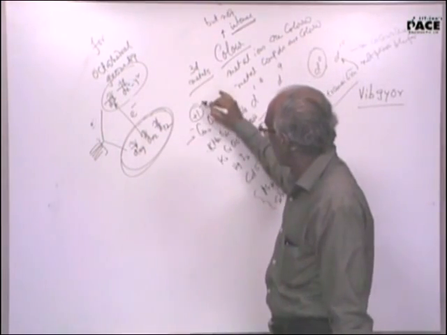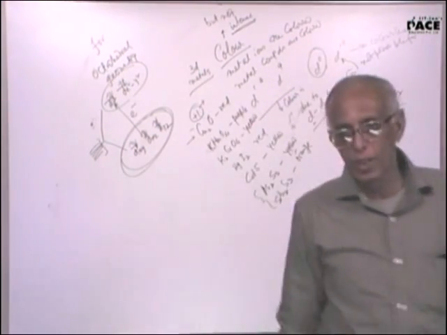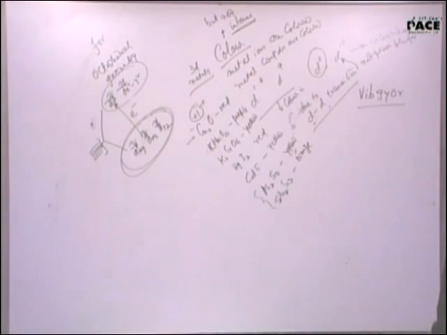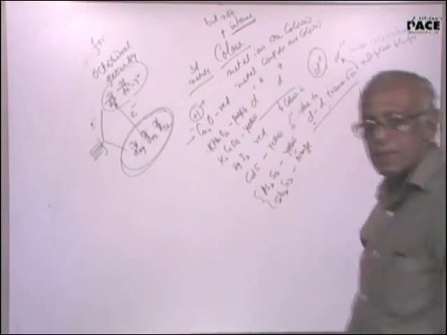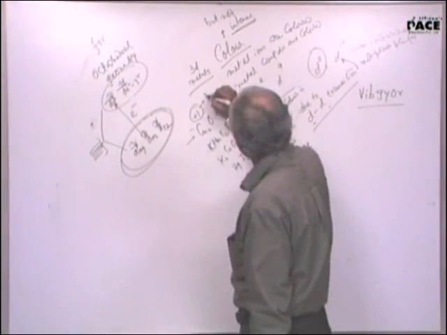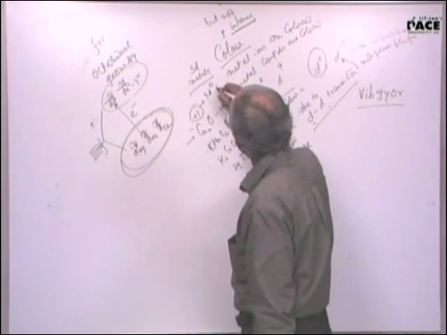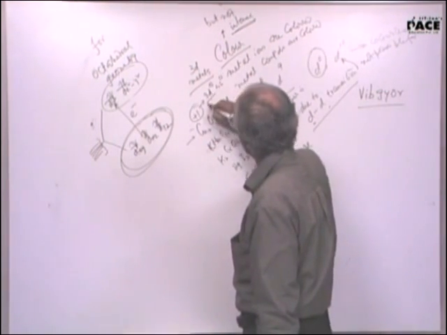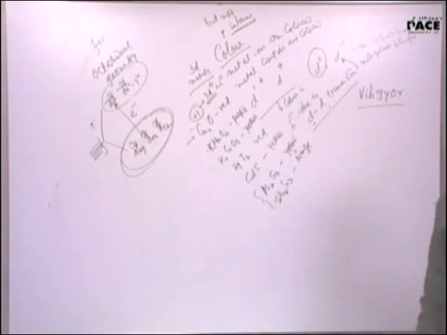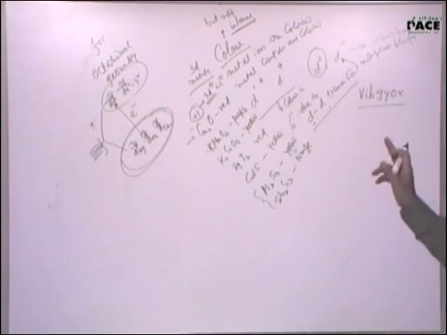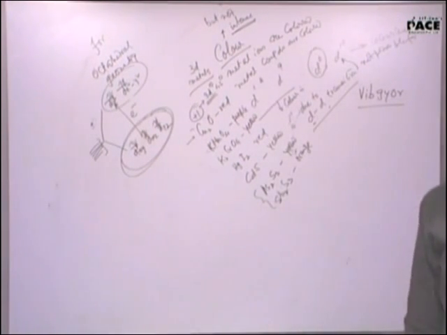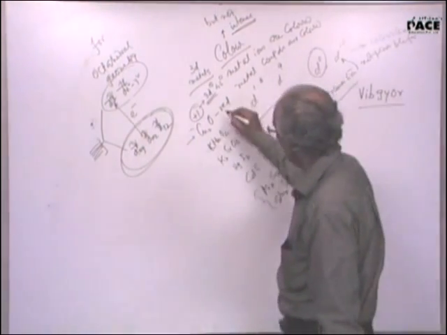What is the electronic configuration of copper +1? 3d10. Then why should it show color? If it is 3d10, why should it show color? It is red color.